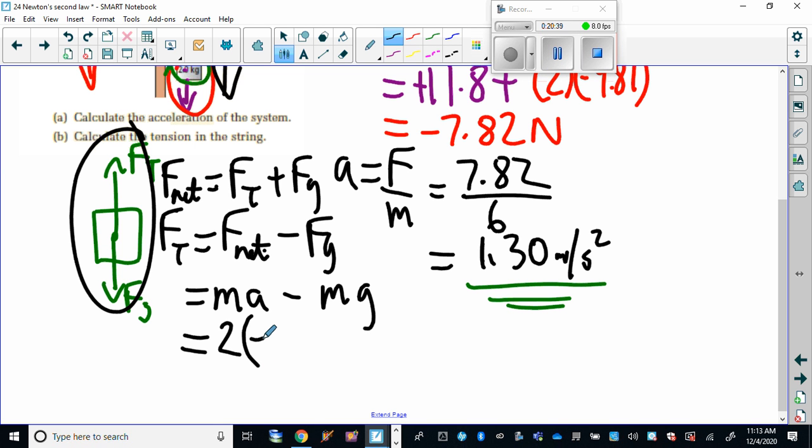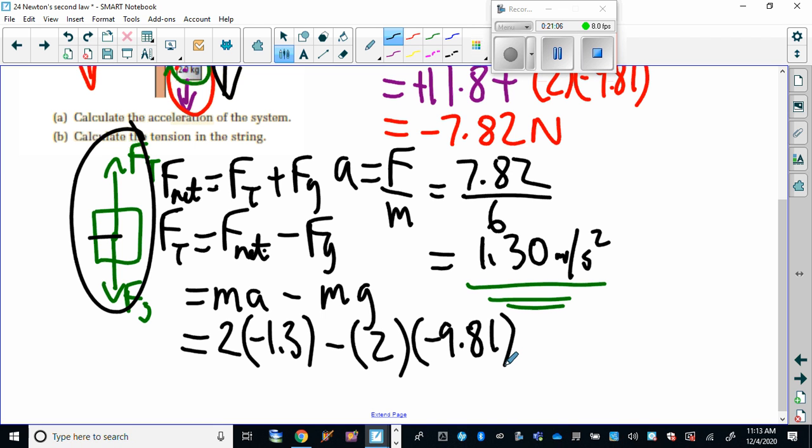Now, again, let's think about this. Are we going to use a positive or a negative here? Which way is the system accelerating? Or which way is this thing accelerating? It's accelerating down. So we have to use a negative there. Minus the same mass, because in our free body diagram, we've only got that one mass there. And is this going to be a positive or a negative? It's going to be a -2.